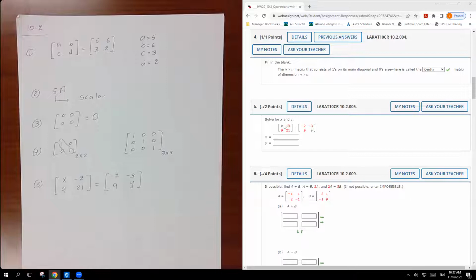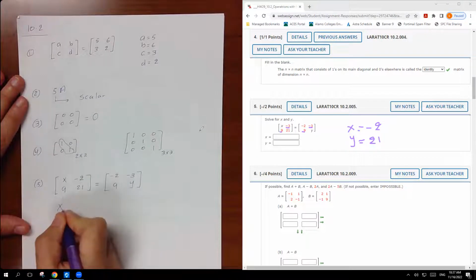So if you look here, we have -3 equal -3, and -2, and here is 9 equal 9. In this case, that means x is going to be equal to -2, and y is going to be equal to 21. So that's what we have to write down.